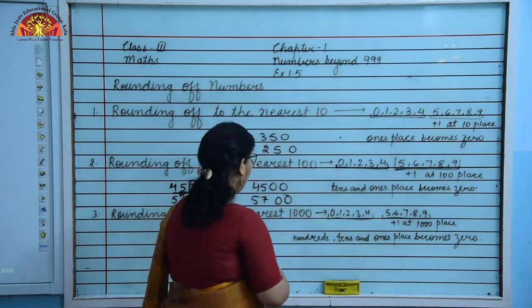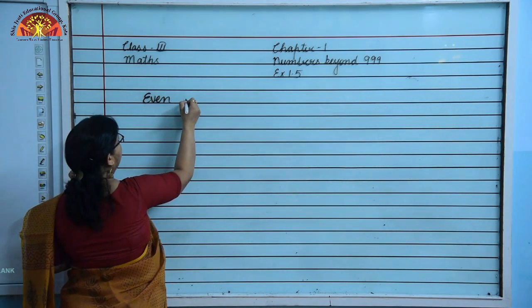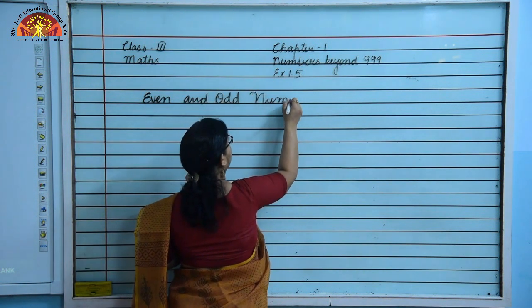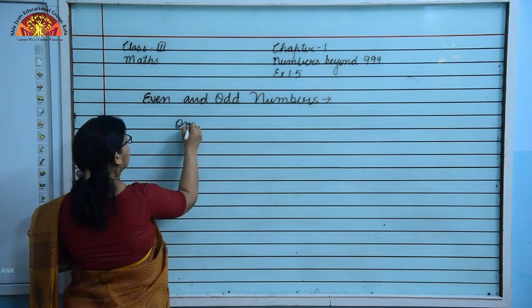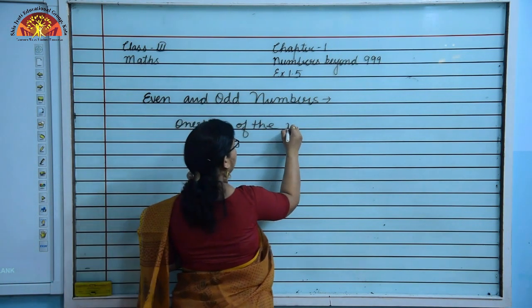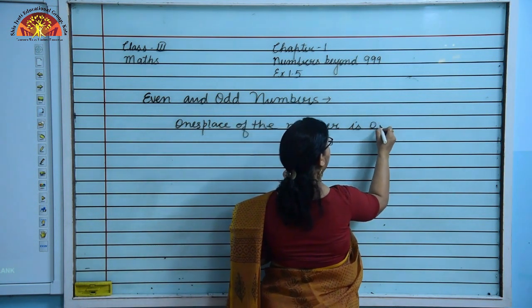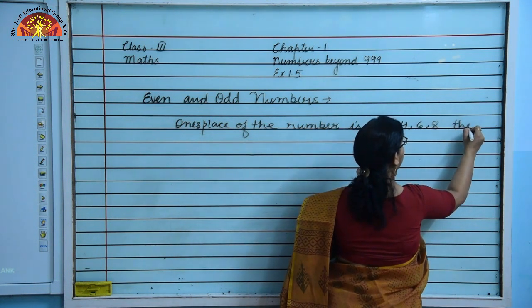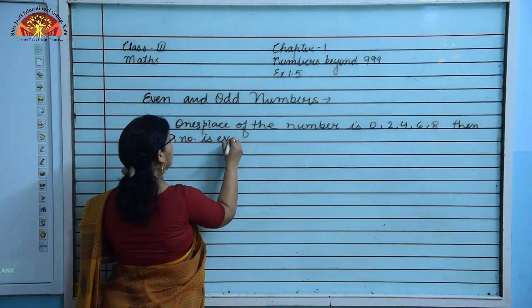Now what is even number and odd number? Even and odd numbers. So if ones place of the number is 0, 2, 4, 6 and 8, then number is even.